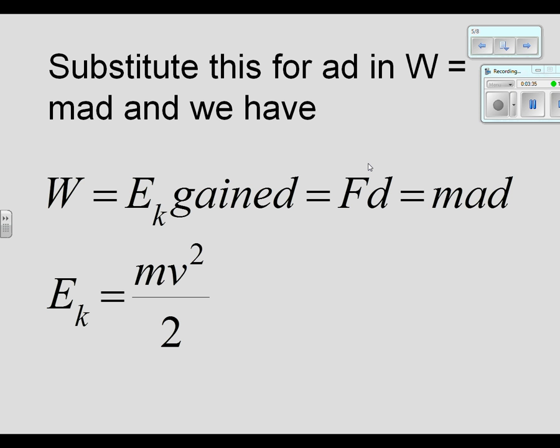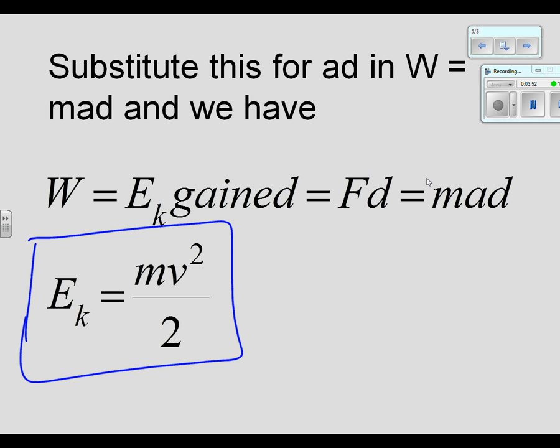You get work done is the kinetic energy gained is equal to FD, which is equal to mad, and so on. Through the magic of algebra, kinetic energy is mv squared over 2. One of the simpler forms of derivation. EK equals mv squared over 2. Sometimes you see it like this. EK is 1/2 mv squared.